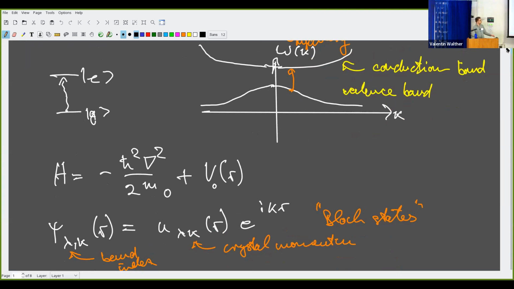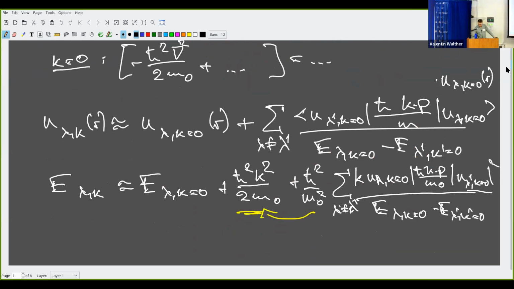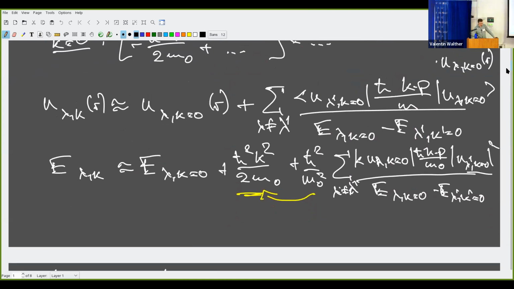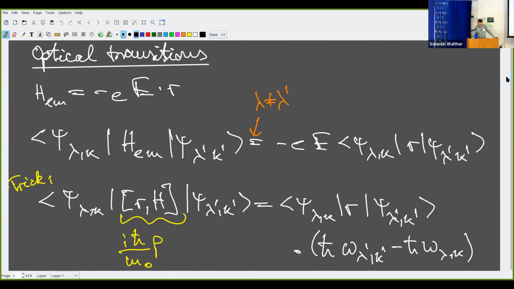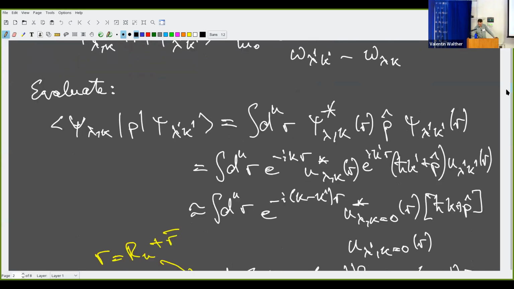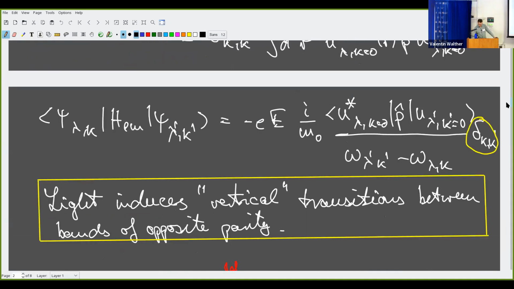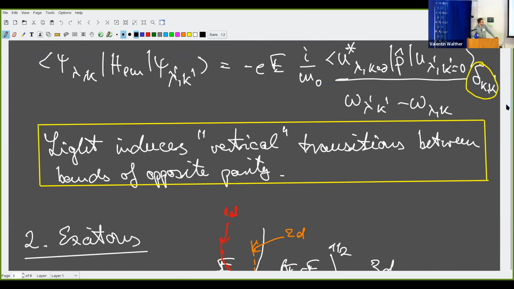The first is that light induces vertical transitions across band gaps, here from the valence to the conduction band. We described these bands in k·p theory and then evaluated this optical transition. So this is the first takeaway message, that there are these vertical transitions.